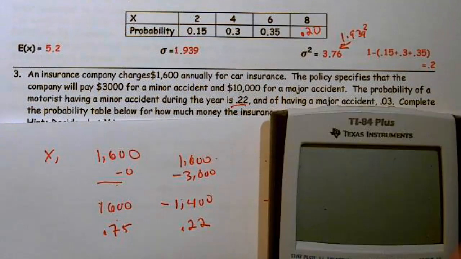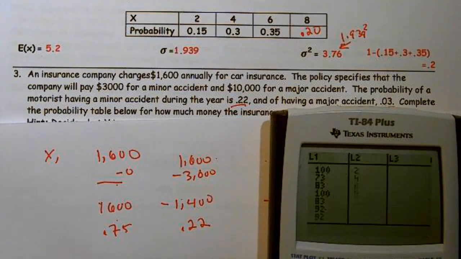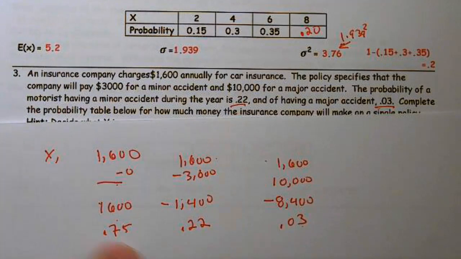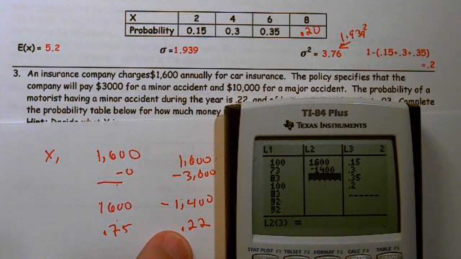Well, now that I have that, I can go to stat edit, and I'm going to put in how much money I make. Well, 1,600. I could lose 1,400, or I could lose 8,400.